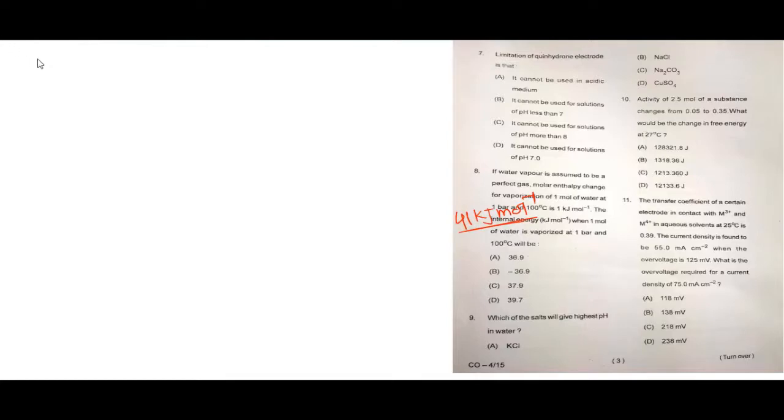Del H is equal to del U plus del Ng RT. The previous question asked what the work done is. Work done means del Ng RT. This much only, but question number 8 asks for total internal energy. It means the molar enthalpy is used.